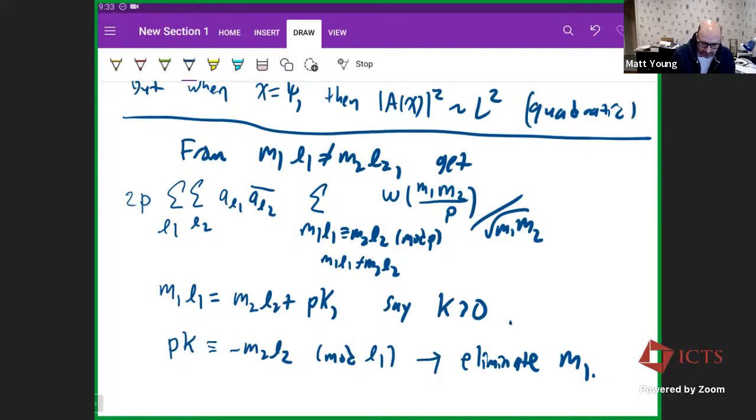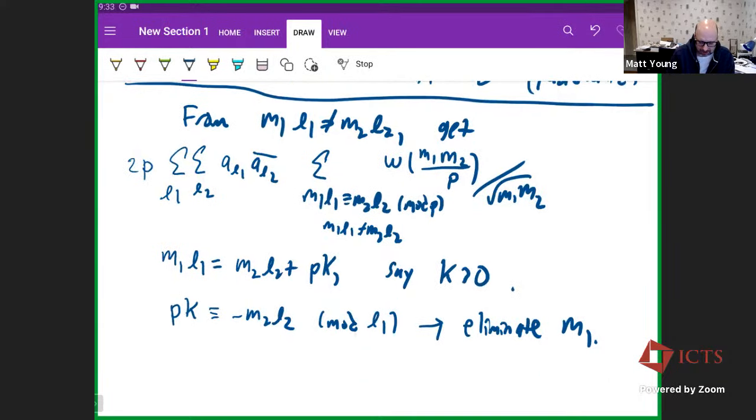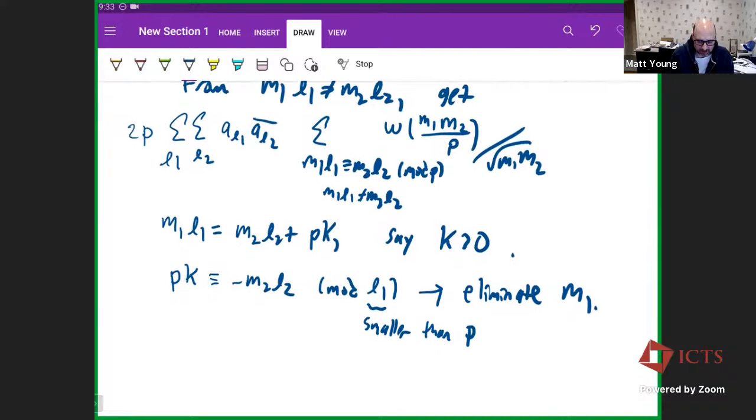This should be good because this L should be fairly small, so this congruence should be smaller than P. We now have a congruence where the modulus is smaller than before. P is a big number, but L1 should be much smaller.